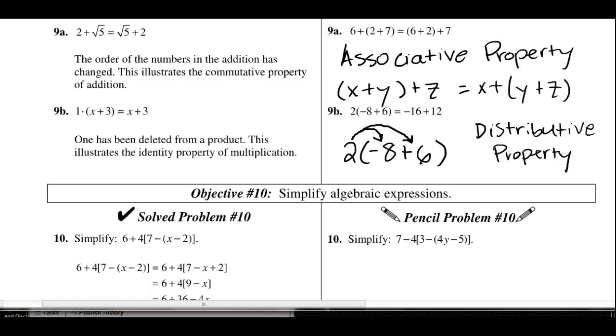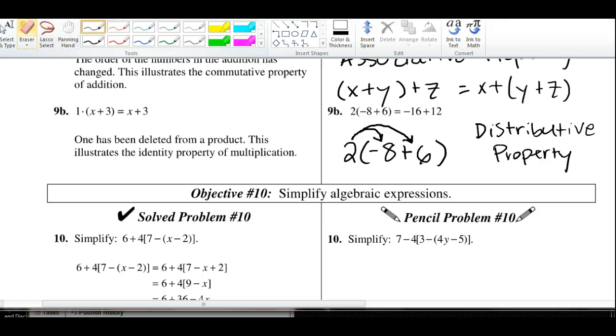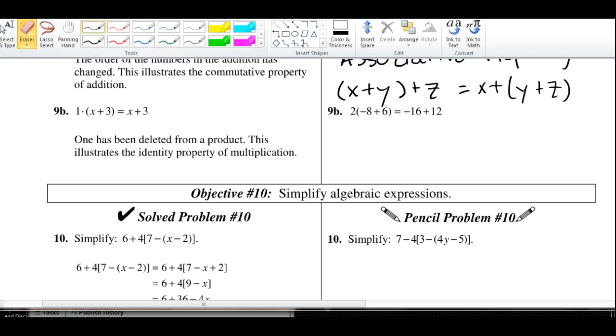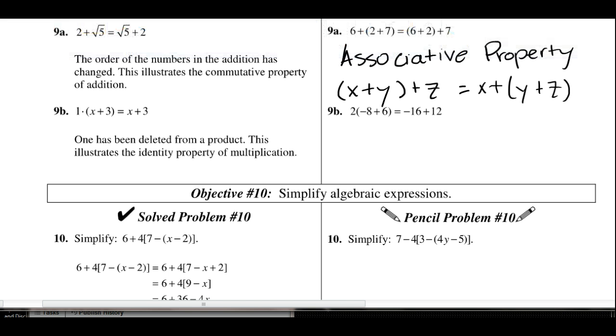let's see, let me erase that to give a little more room. So this would be, if you have, say, A times B plus C, what happens is we multiply the A and the B. So we do A times B, and then we add that to A times C. So the A gets distributed across the parentheses.